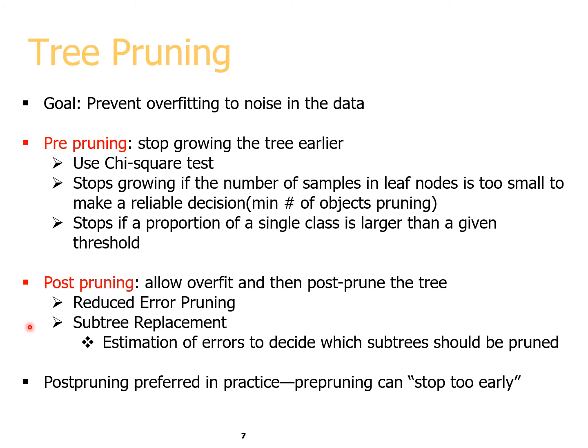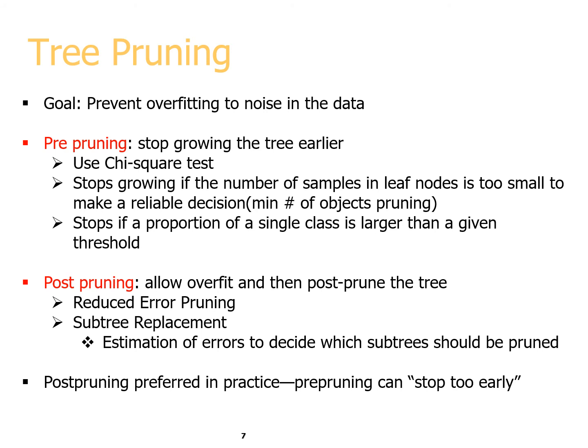You somehow estimate the error. If the estimated error is lower than the current error, then you go ahead and replace the current branch by a class label. That's the basic idea of subtree replacement. Again, I'm going to talk about this later on.